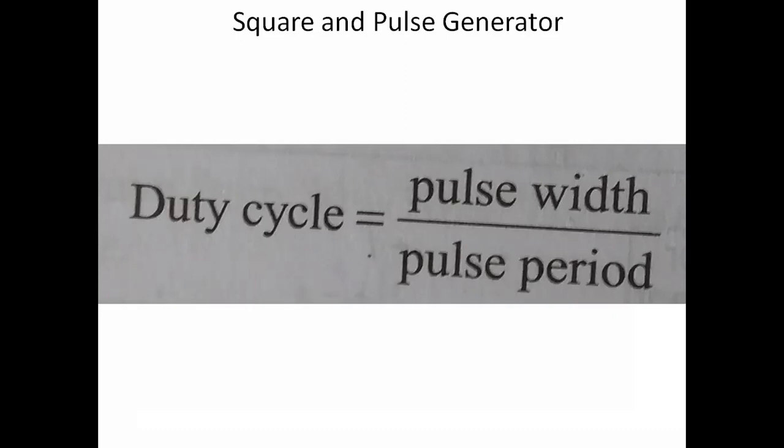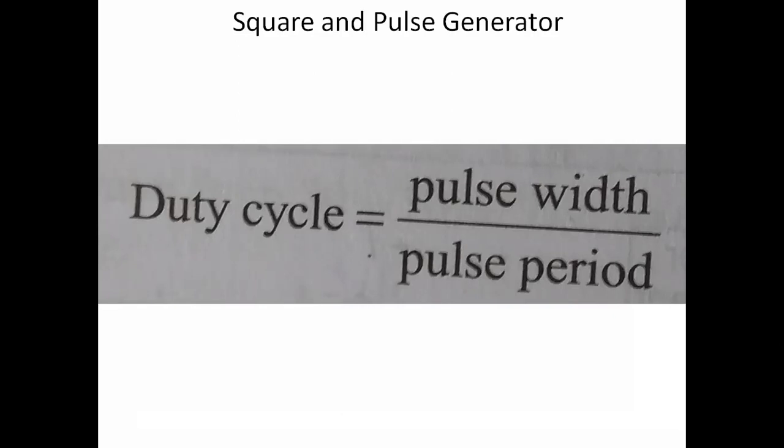So duty cycle, you know that. Duty cycle is nothing but the pulse width by pulse period. A square wave generator has a 50% duty cycle.